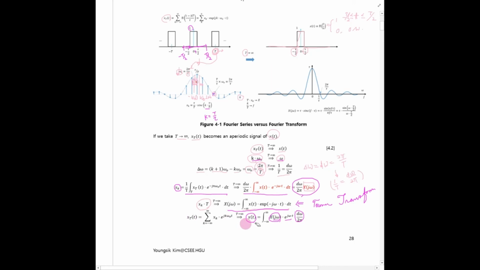Figure out the relationships: this one becomes this one, and X_k is this one, and k omega 0 is omega. Then X_k is X(j omega) times d omega over 2 pi.